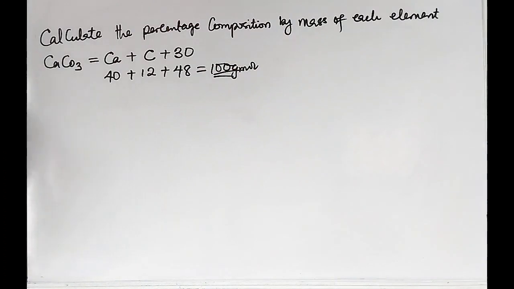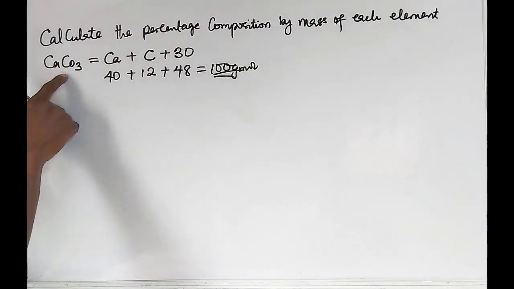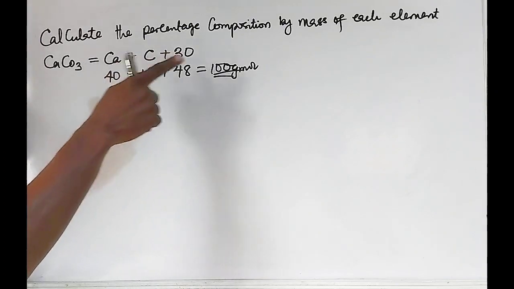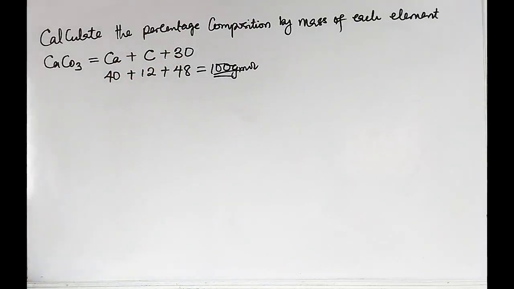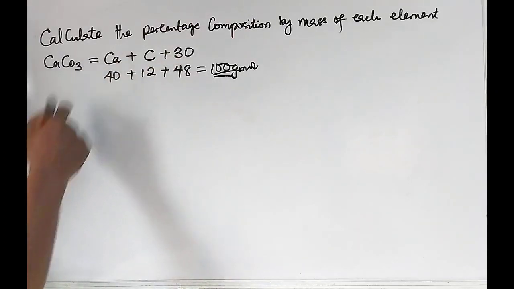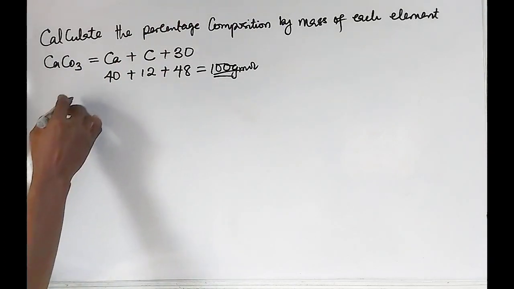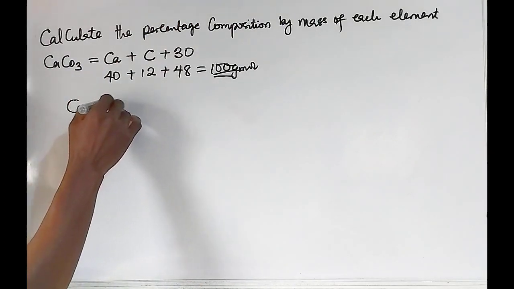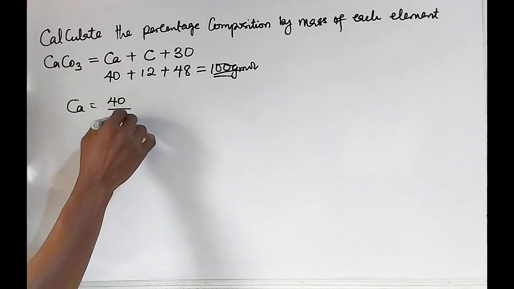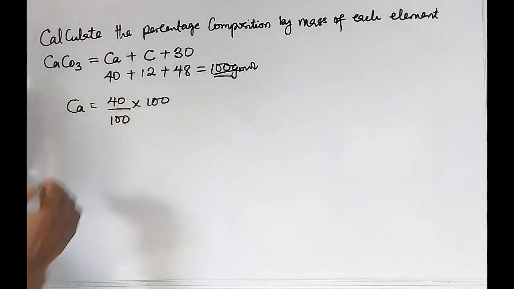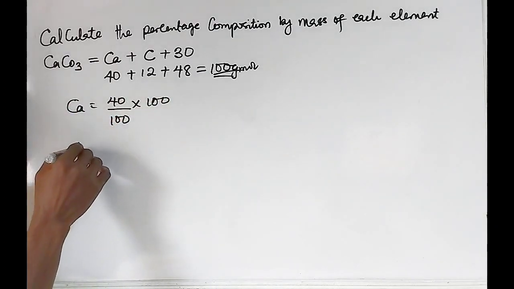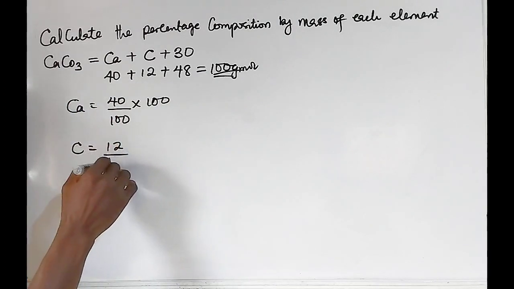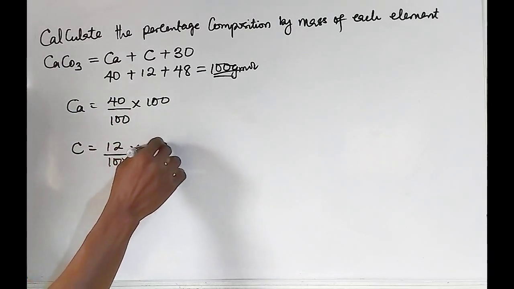Alright, now for us to get the percentage composition of each element here, we will take it one by one. Calcium, we know it is 40, so you have 40 over 100 times 100. Then carbon, which is 12 over 100 times 100.